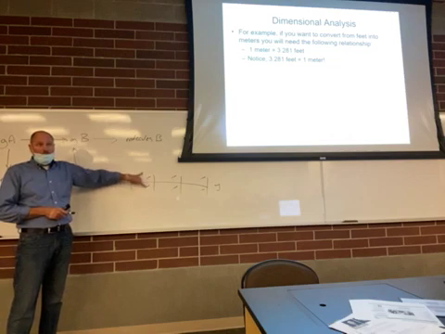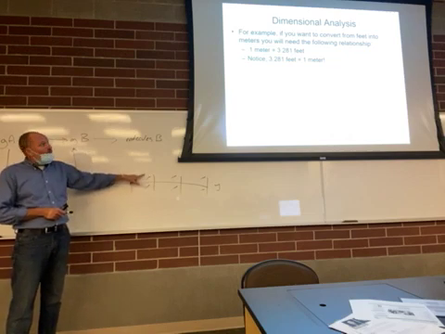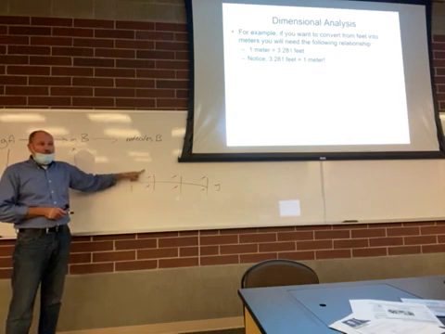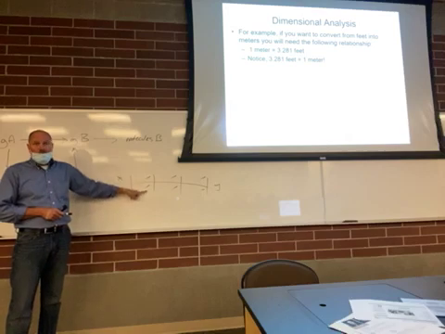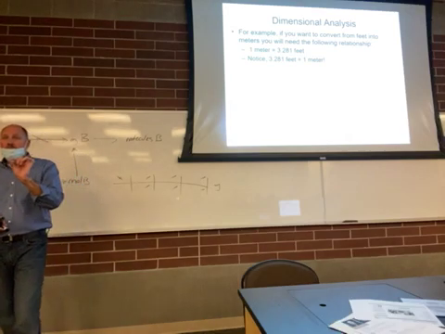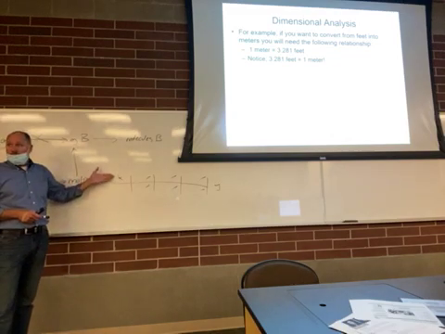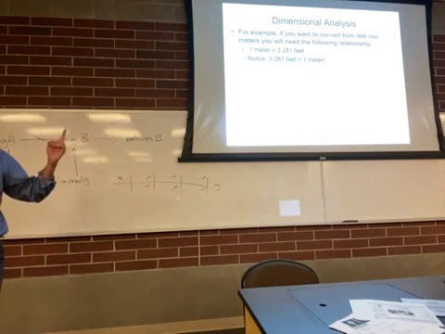It goes both ways. I can either put feet on top and meter on the bottom, or I can put meter on top and feet on the bottom. Okay? What drives it is what I know. Okay? In this case, what do I know?